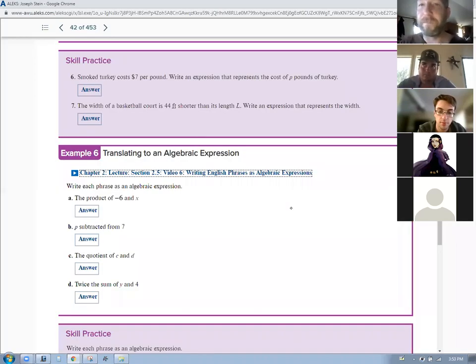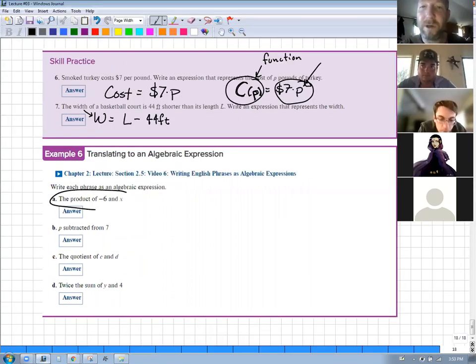All right, so you can imagine, the way they say this, the product of -6 and x. Well, 2000 years ago, before they even had symbols for numbers, if we had something like 2 plus 3 times 4 minus 1, you wouldn't have seen this on a clay tablet.